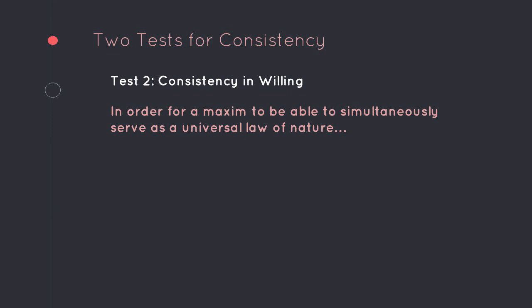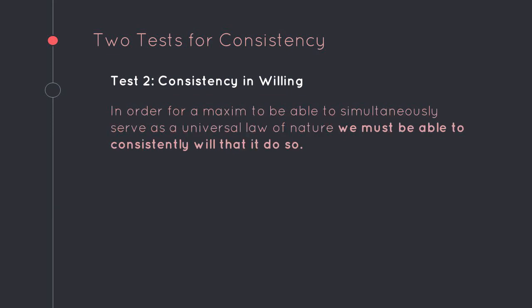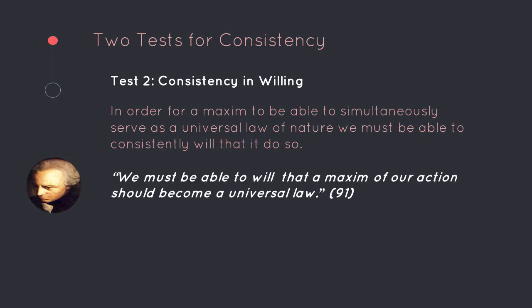In order for a maxim to be able to simultaneously serve as a universal law of nature, we must be able to consistently will that it do so. Kant says we must be able to will that a maxim of our action should become a universal law.